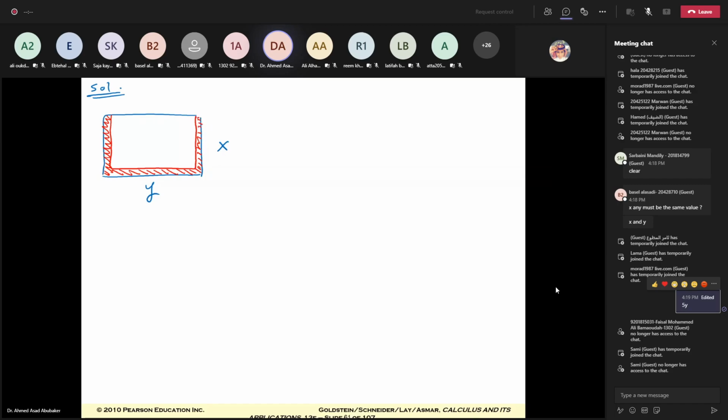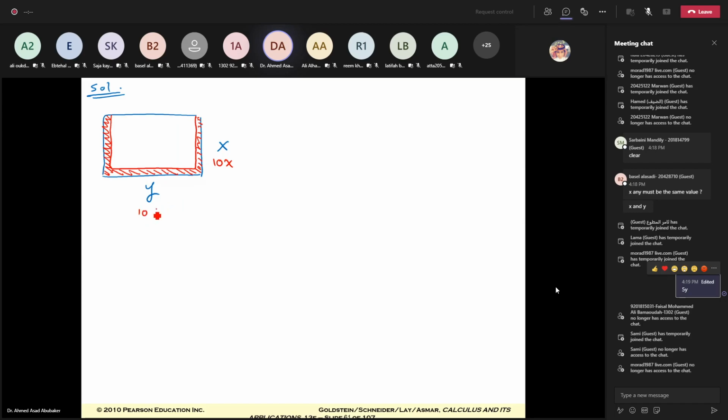Okay. So the cost, we have here 10x, we have here 10y, and here 10x, but in the fences, the fourth side, the cost 5y.